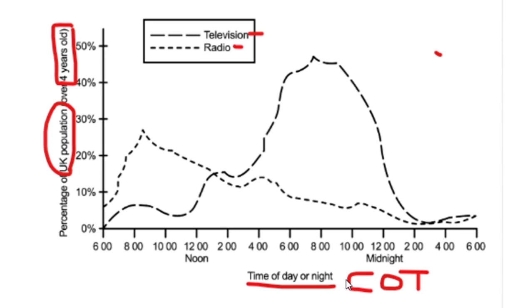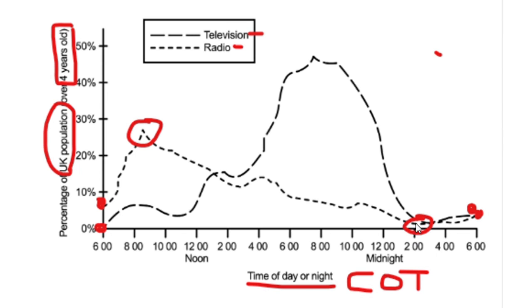So let's start by identifying key data points. Now, the start and finish of any line on a line chart can be considered key data points. So we have two lines, so each line has a start and an end point. Highs and lows. So here is a high point.